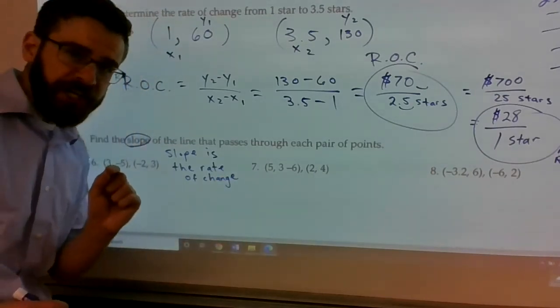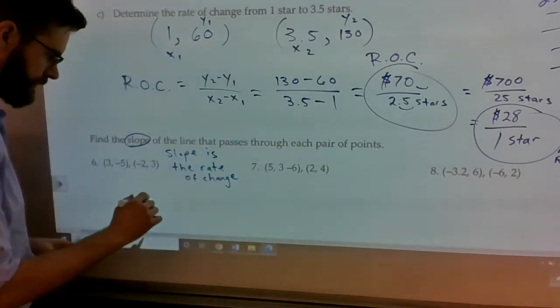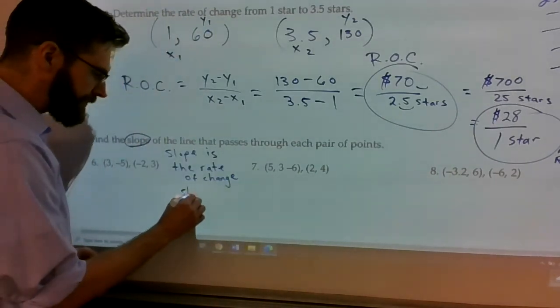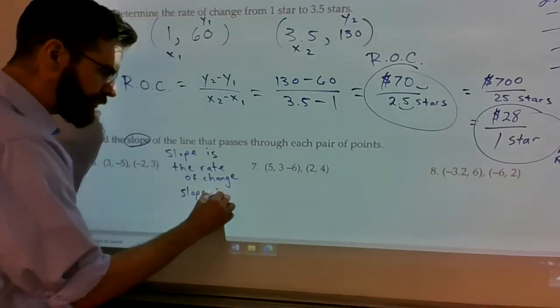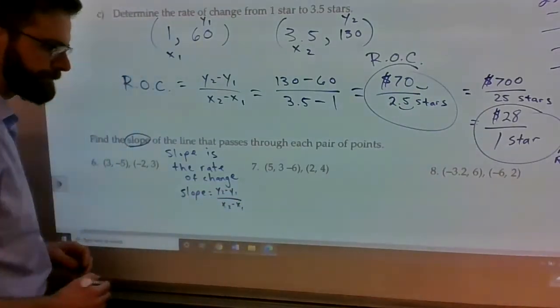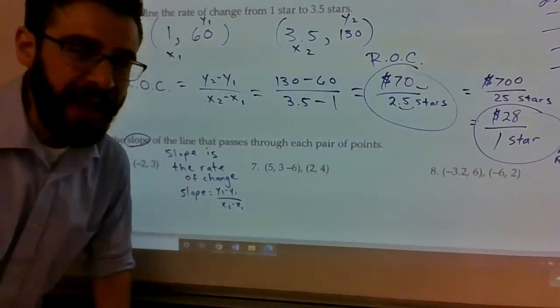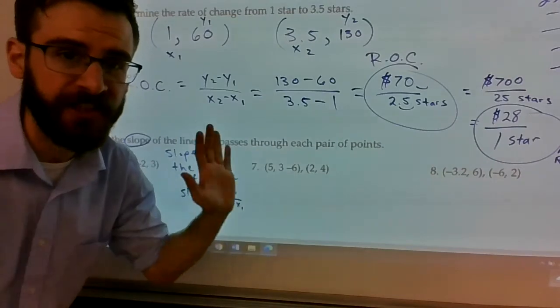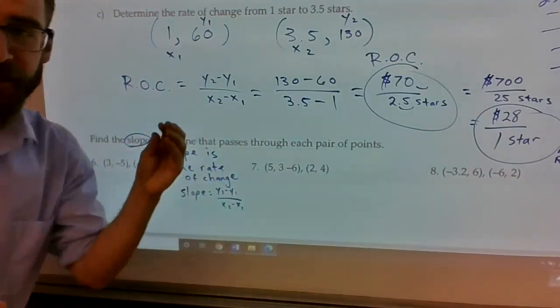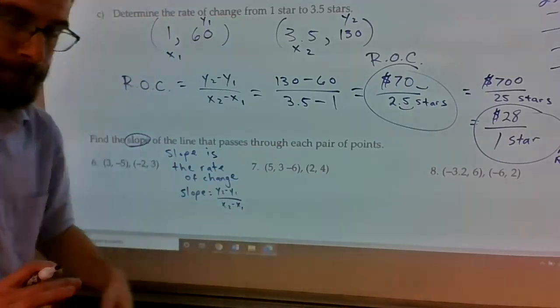So the rate of change formula is the same as the slope formula. Slope equals y2 minus y1 over x2 minus x1. Yeah, there's absolutely no difference between the slope of a line and the rate of change of a line or the rate of change of a data set.